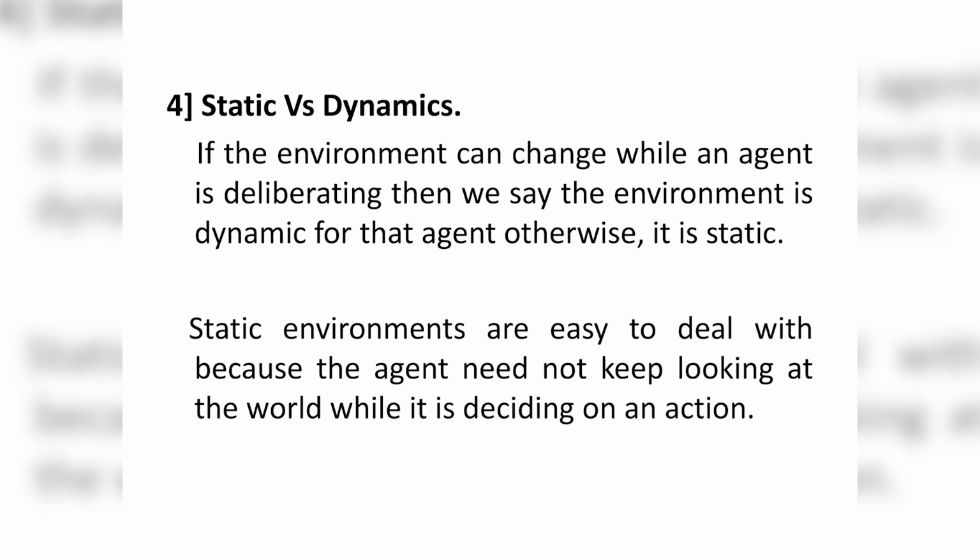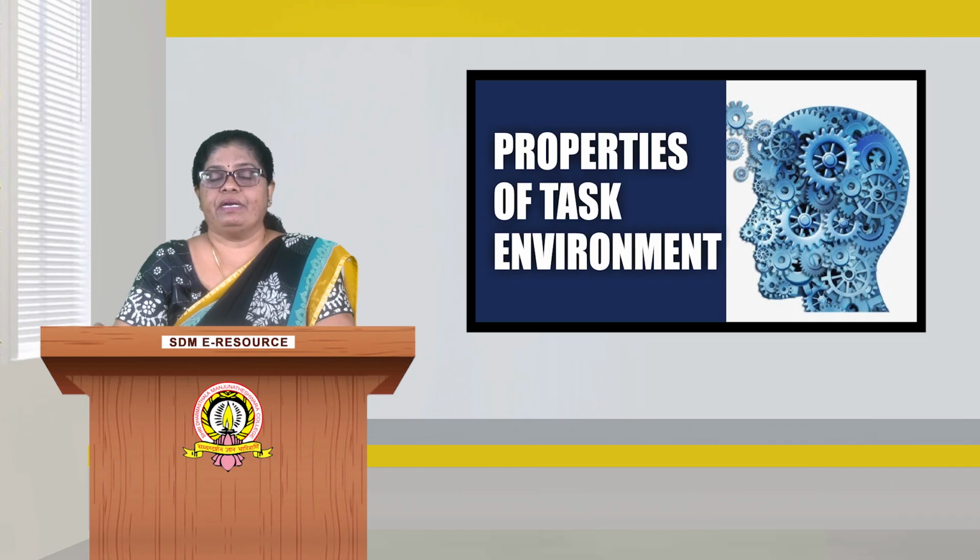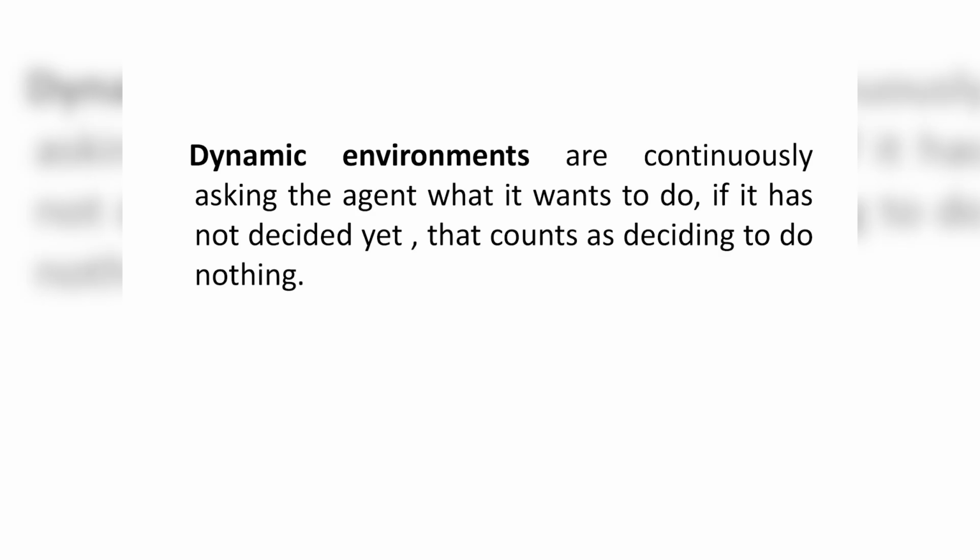Static environments are easy to deal with because the agent need not keep looking at the world while it is deciding on an action. But in a dynamic environment, the agent should keep on looking at the world while it is deciding on a particular action. Dynamic environments are continuously asking the agent what it wants to do. If it has not decided yet, that counts as deciding to do nothing.